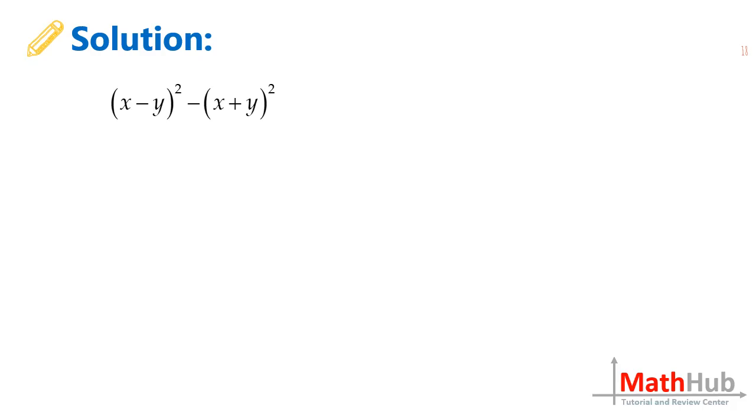Let us now attack the problem. What we can do here is expand this expression. We have x minus y squared, which is x squared minus 2xy plus y squared, minus, and don't forget, I'm putting a parenthesis here because for the square of x plus y, we have to subtract that whole thing.